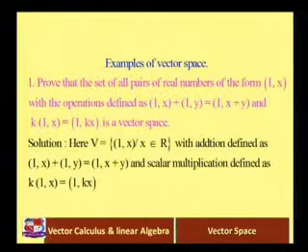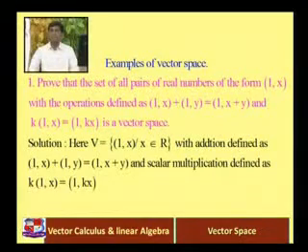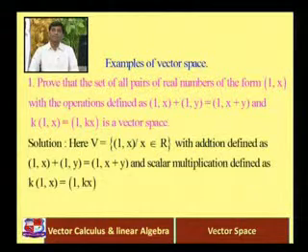Here is the first example. We have to prove that the set of all pairs of real numbers of the form (1, x), that means the first coordinate is always 1 and the second coordinate is any real number, with the operations defined as (1, x) plus (1, y) is equal to (1, x plus y), and k into (1, x) is equal to (1, kx), is a vector space under the given addition and scalar multiplication.